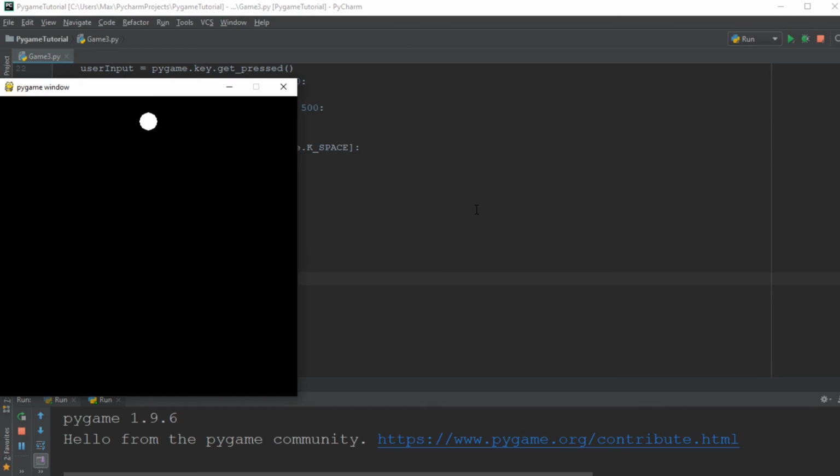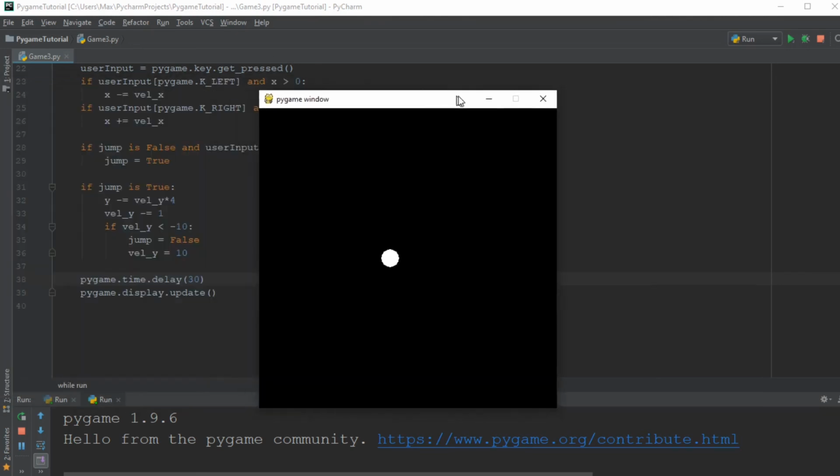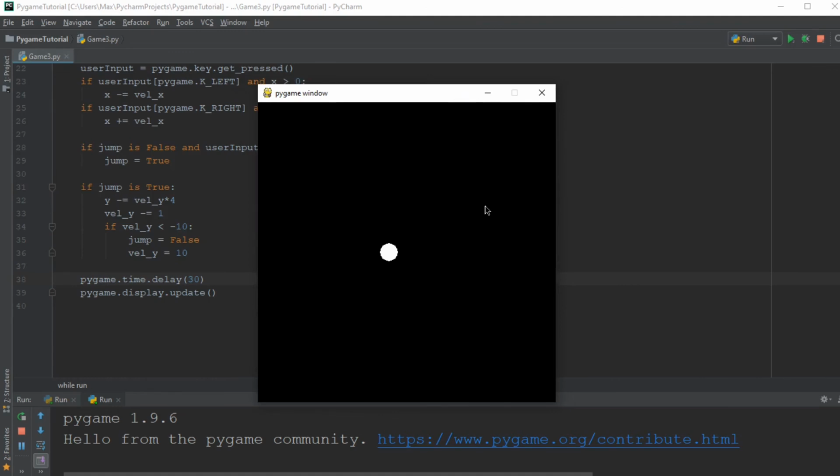And the cool thing is that when I move to the left and right, I can also move mid-jump. So you'll see that I can move and change my jump direction mid-jump as well. So yeah, we have now managed to implement this small jumping motion into our game. And I'm going to leave it at that.